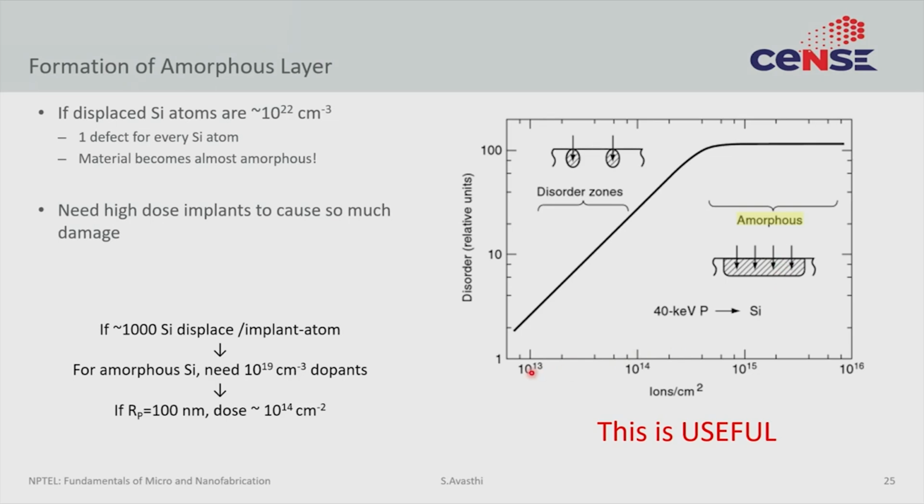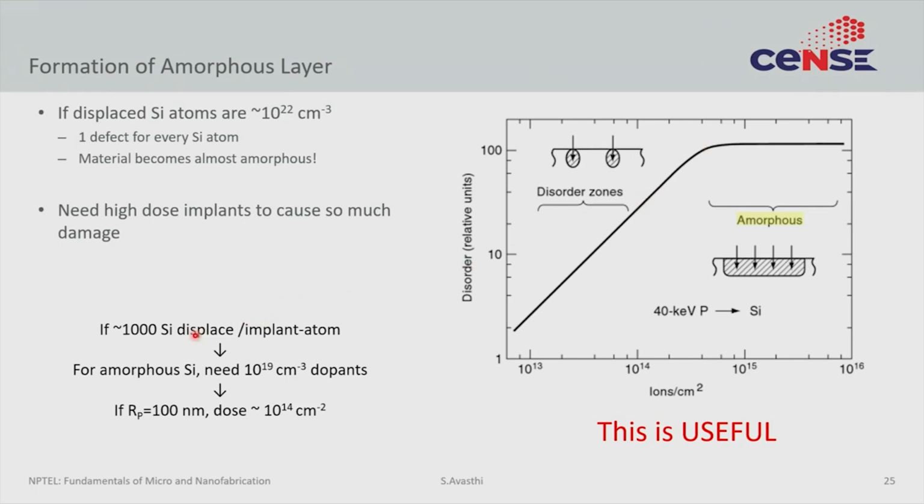If you notice the numbers, you can actually back calculate, you can do some back of the envelope calculation. This transition where it becomes completely amorphous is happening around mid 10 to the power 14. And this you can sort of see.